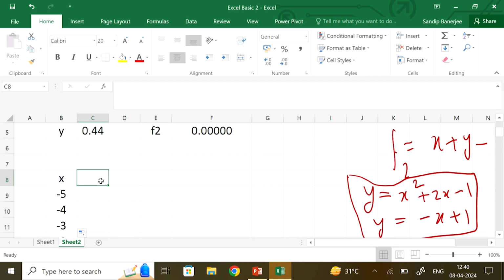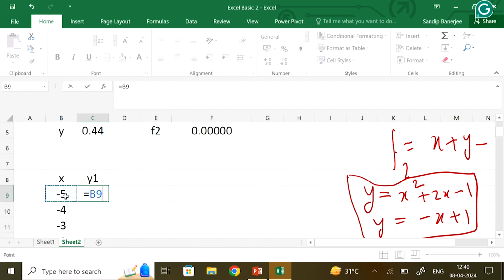Now, my first y, I put it y1. y1 is equal to x square plus 2 times x, which is b9. Sometimes if you cannot find that the cell can be highlighted, you just know that it is b9. So, just substitute b9 minus 1 and you get the value.